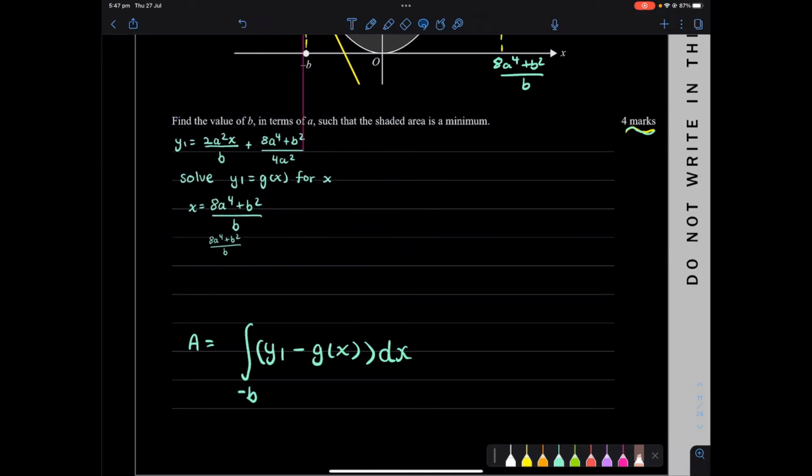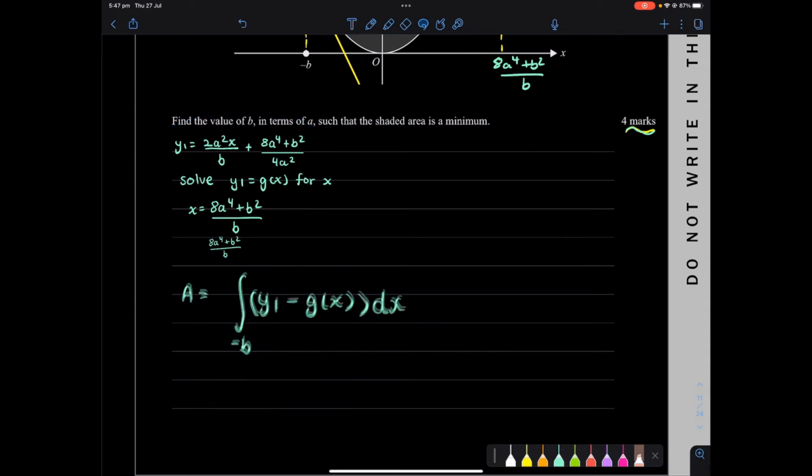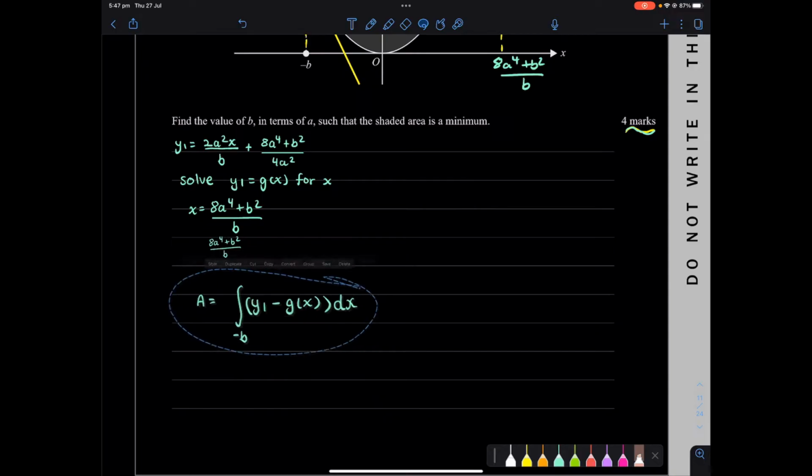Okay, I'm just going to put it over here. And I'm going to take this and make it smaller over here.